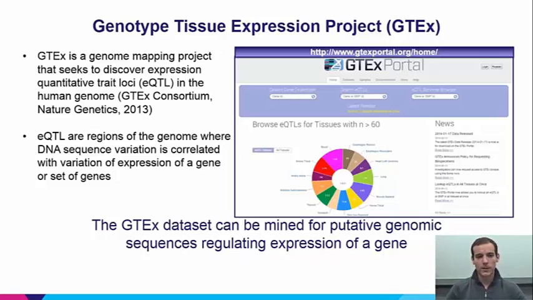So these expression quantitative trait loci, or eQTL, are regions of the genome where variation in the DNA sequence is correlated with variation in the expression of some other gene or a set of genes. So this is a useful data set for trying to understand how variations in individual genomes impact the expression program of cells in a particular person.